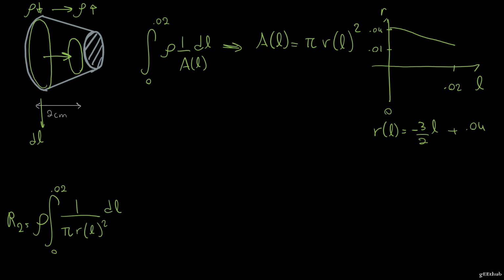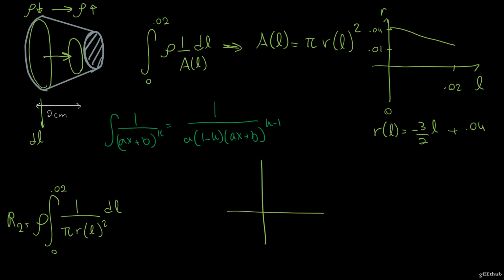The one that I found is the following: the integral of 1 over (ax plus b) to the power of k is 1 over a times (1 minus k) times (ax plus b) to the power of (k minus 1). You can use this for any kind of function. If our radius was something else, like a squared function or a 1 over x function, whatever function you're given, you can use this integral to solve for it.